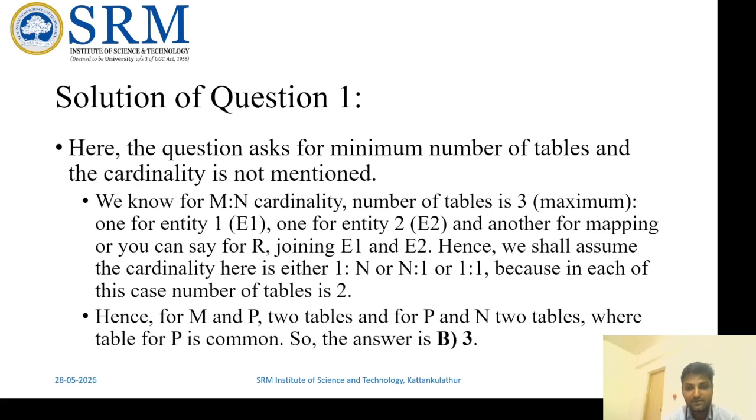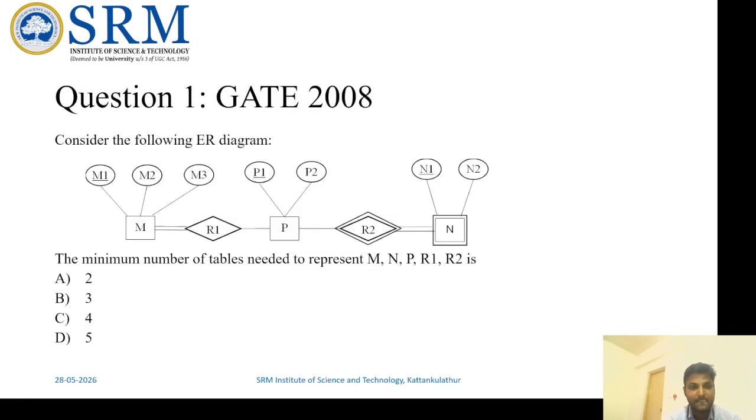So in this case, if we assume the cardinality, obviously the number of tables should be 2. Now, if we go to the picture again, the number of tables for this relation is 2: one table for N, one table for P. Obviously, the primary key will be shared between the tables.